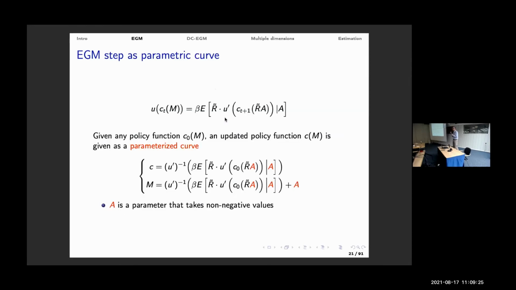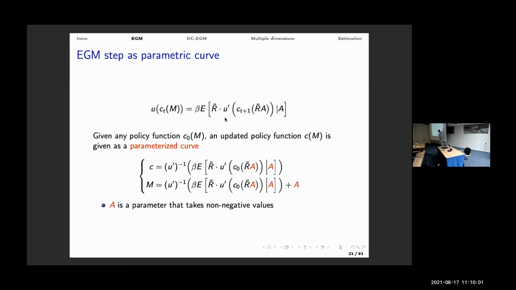The other way to think about this is to think of the solution of the policy function that we calculate as a parameterized curve where A is a parameter, and here's your C and M, right? We need to find the function C of M, which is the policy function, dictating the optimal way to consume given wealth M. Rewriting the Euler equation and going through the same steps as on the previous slide, we basically just change this A, the parameter, and we get the pairs C and M, which is the solution.